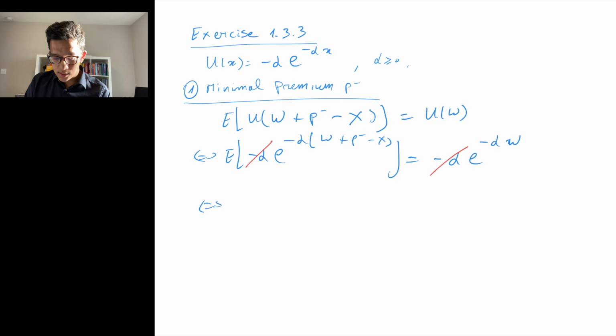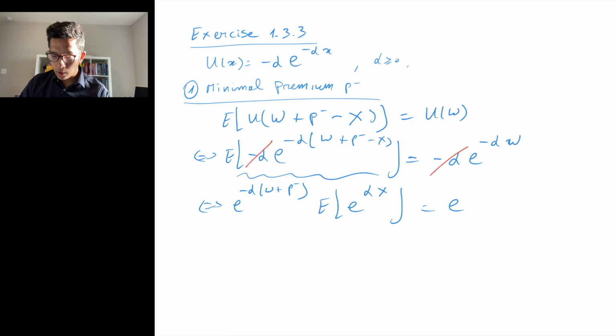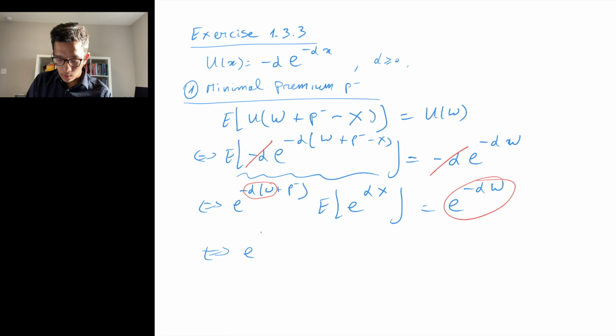And if you look in this expectation on the left hand side, we can take out of the expectation the term e to the power minus alpha W plus P minus, which is a non-random term. And then inside the expectation I have e to the power alpha X, and this should be equal to e to the power minus alpha W. Then again you see that this term cancels with this part here, which means that what is left is e to the power alpha P minus times the expectation of e to the power alpha X, which is equal to 1.